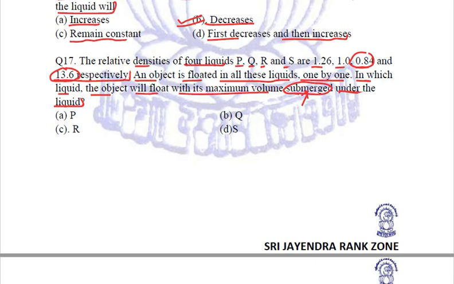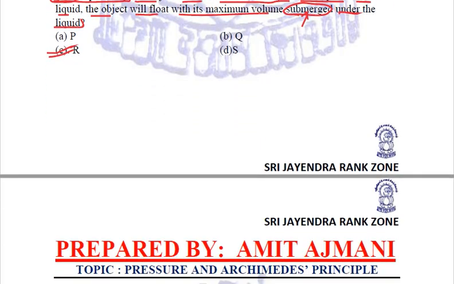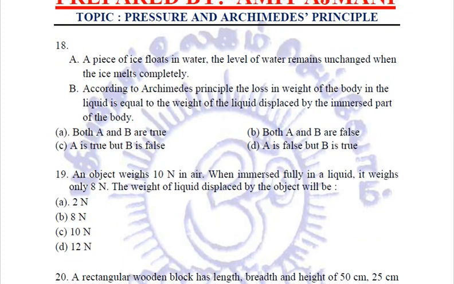And out of these P, Q, R and S, we already noted that R has the least density, because of which R is going to exert the minimum buoyant force, because of which the object is going to float, but it will have its maximum volume submerged under the liquid. So the answer is R. Got it? Let's see the next question.